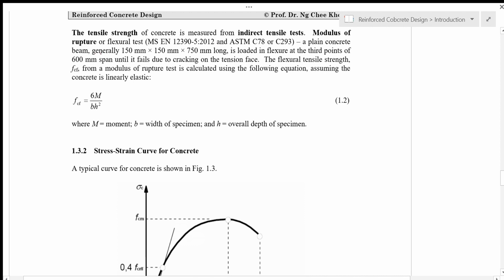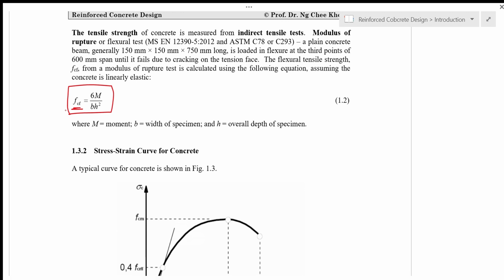A plain concrete beam, generally 150 mm by 150 mm in cross section by 750 mm long, is loaded in flexure at the third points of a 600 mm span until it fails due to cracking on the tension face. The flexural tensile strength FCF from a modulus of rupture test is calculated using the following equation, assuming the concrete is linearly elastic. This is the equation we use to calculate the modulus of rupture, as you learned in your first year concrete lab.